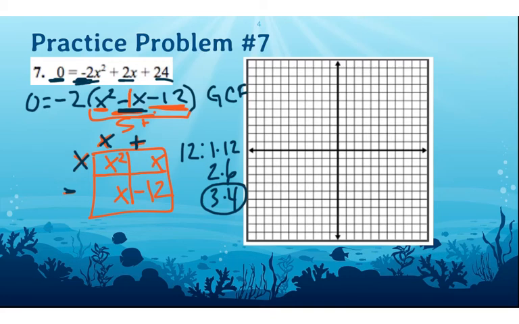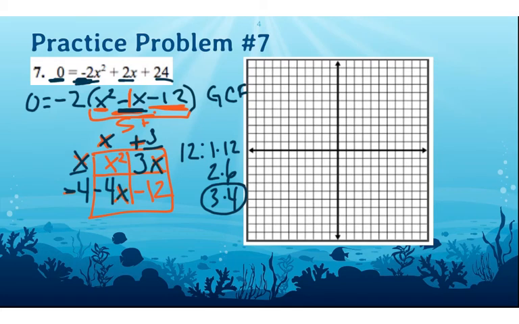And since I want them to combine to a negative 1, I'm going to make the bigger number the negative. And look at what that does. So 3 times x gives me positive 3x. And negative 4 times x gives me negative 4x.